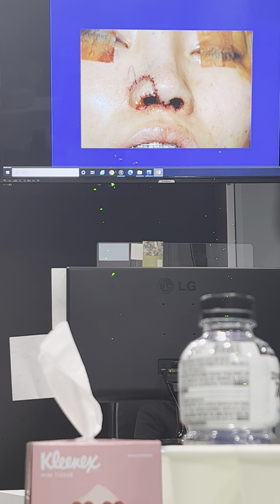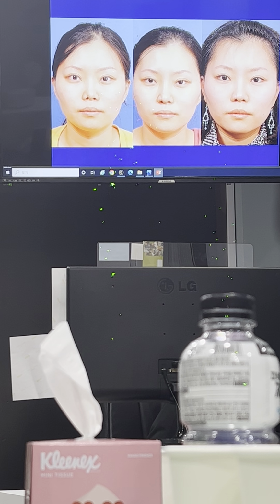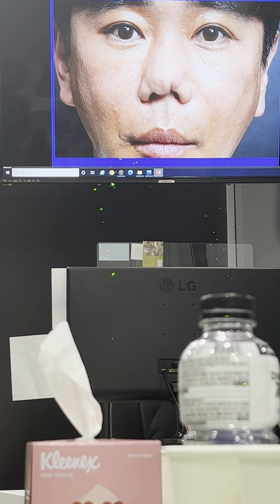After that, we can correct the alar rim deformity. In the case of the medial side, the alar rotation flap is very useful. You can see this is prior and posterior. The problem is a little scar here, but as time goes on, this scar disappears.